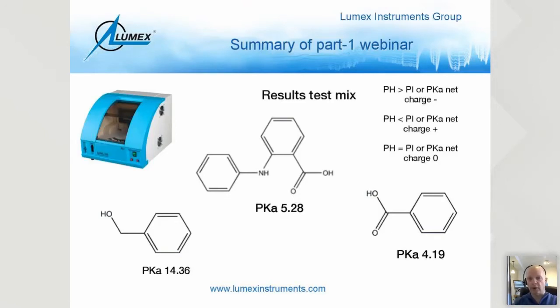So therefore, if we take my chart, and you can trust me on this, we will have a negative charge for N-phenylanthranilic acid and then benzoic acid, and of course a neutral charge for our benzyl alcohol compound. And this is how they're going to show up in the electropherogram.